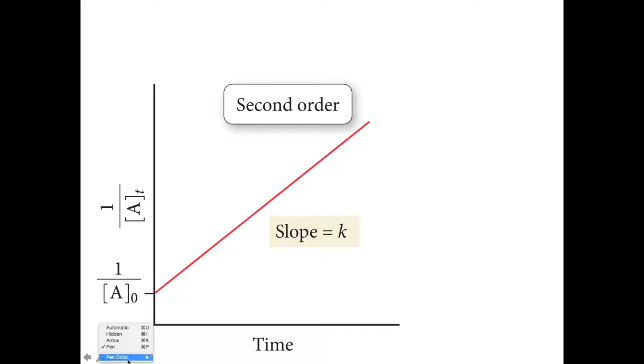Let me go back to red for a second. The integrated rate law is 1 over the concentration of A at, crud. Okay, remember that the integrated rate law for a second order reaction is 1 over the concentration of A at time t is equal to positive kt.